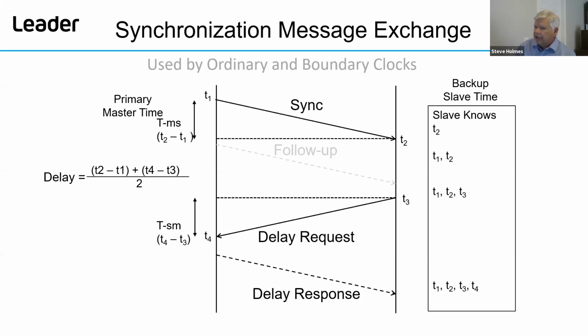It's going to take T2, subtract it from T1, take T4, subtract it from T3, add those two together, and divide by 2 to get the delay from the Grandmaster to the slave, and from the slave back to the Grandmaster.